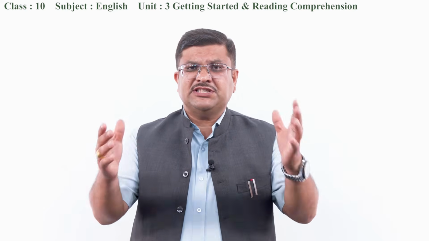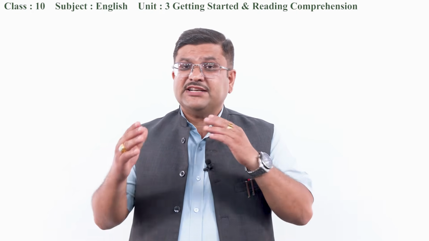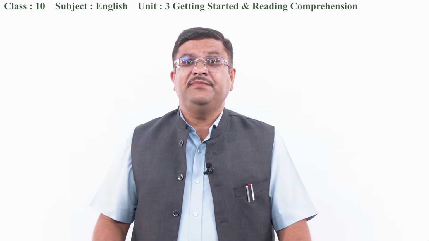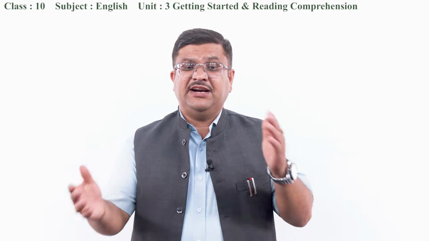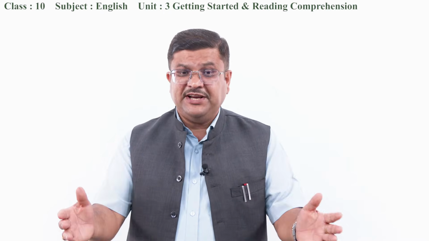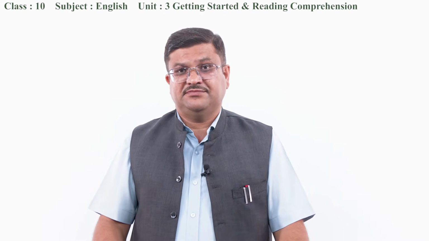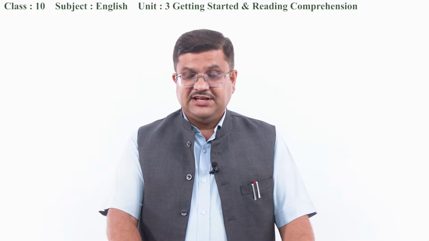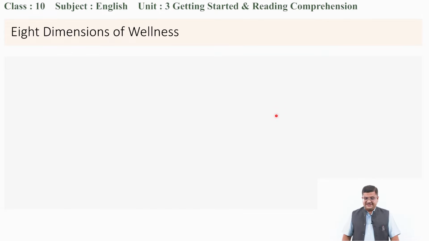Similarly, emotionally, spiritually and intellectually too. Can you guess what physical health means? Can you guess what social health means? Similarly, occupational, financial, intellectual, spiritual and so on. Can you guess? Good. Here we go, 8 dimensions of wellness.